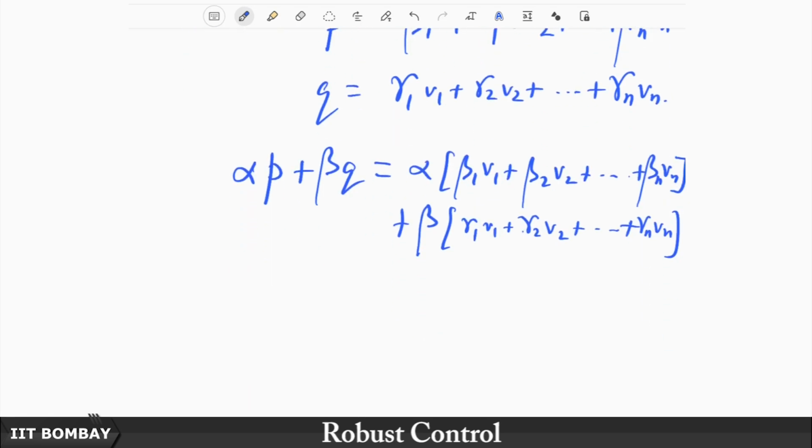And because of the property of associativity of scalar multiplication, whether you multiply alpha with beta 1 V1, or you multiply alpha with beta 1 first in the scalar field and then multiply the resultant scalar with V1, it matters not.